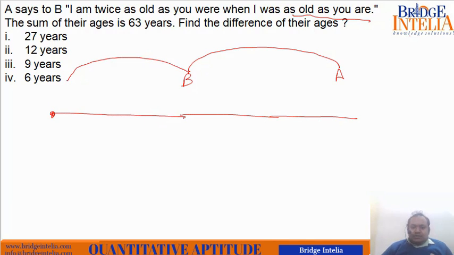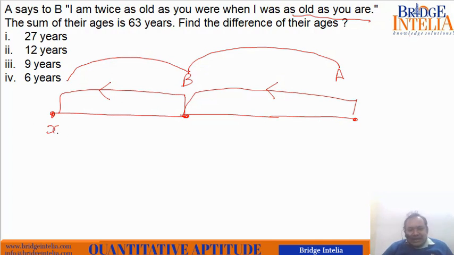So in a changed scenario, A shifts from here to here, and his age shifts exactly that much. So he's saying that my current age is twice of that age which you would attain if we go back in time.